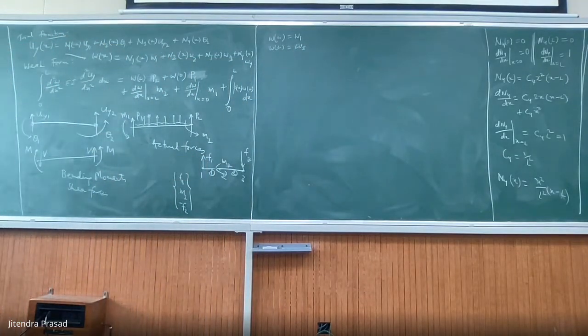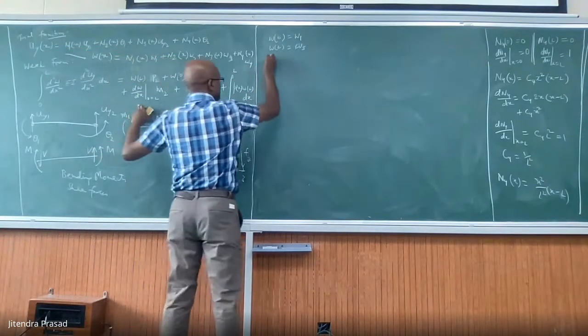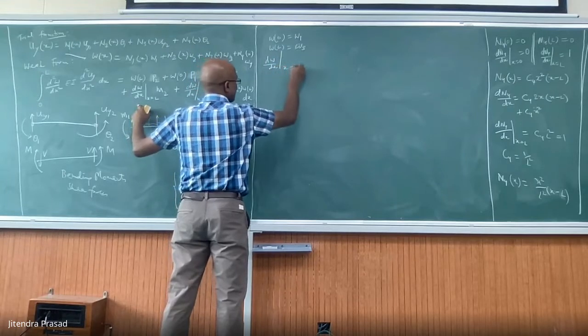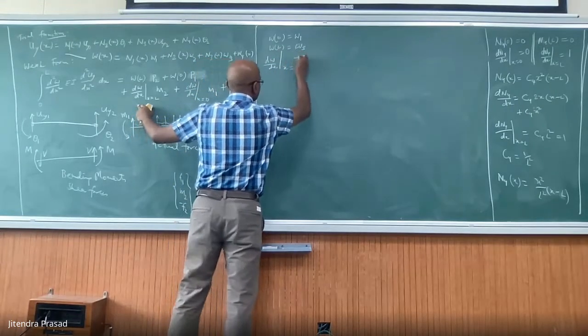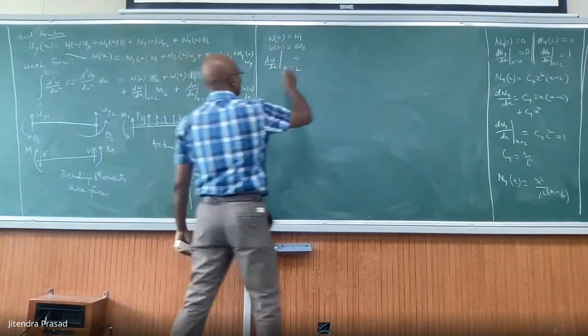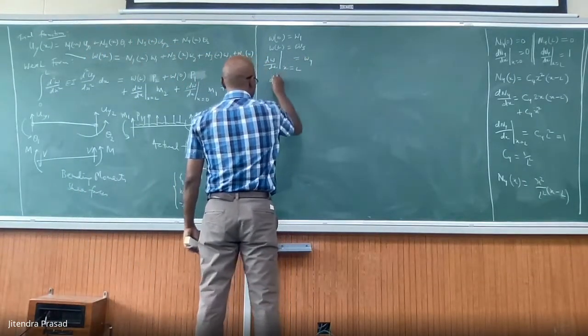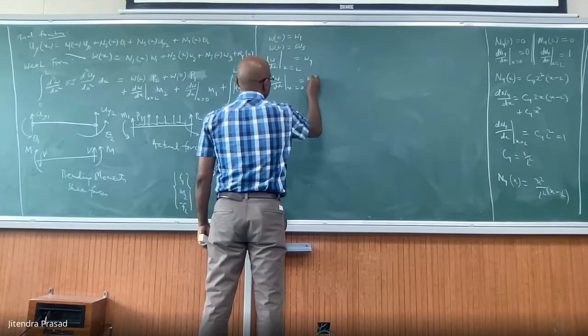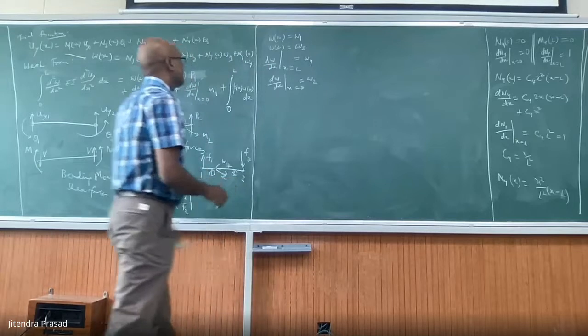And dW over dx at x equal to L is equal to W4, and dW over dx at x equal to 0 is equal to W2.